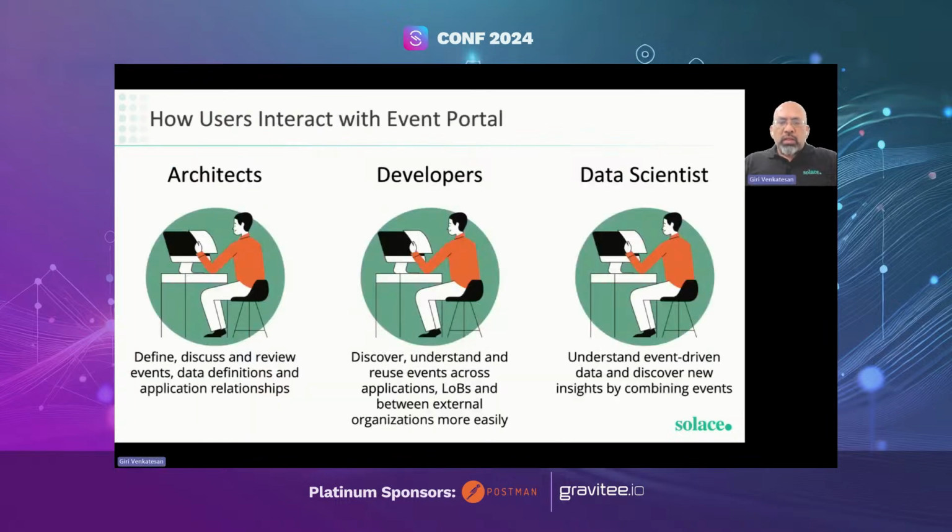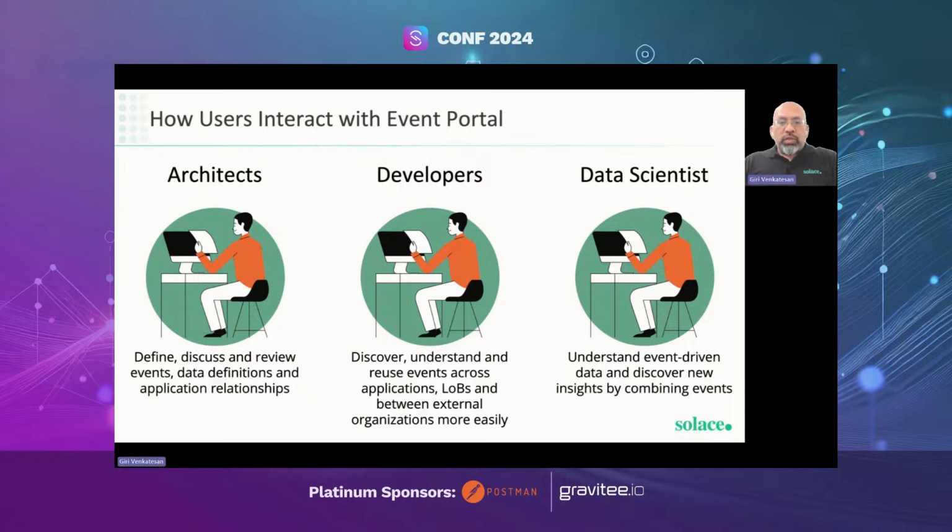How do users interact with Event Portal? To answer this, let's look at the personas. Who will benefit from Event Portal? Architects use the Event Portal to define, discuss, and review events, data definitions, and application relationships. And developers use the Event Portal to discover, understand, and reuse events when building applications, so these applications could be serving a line of business or between external organizations more easily.